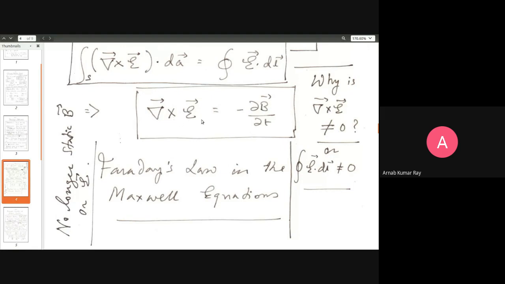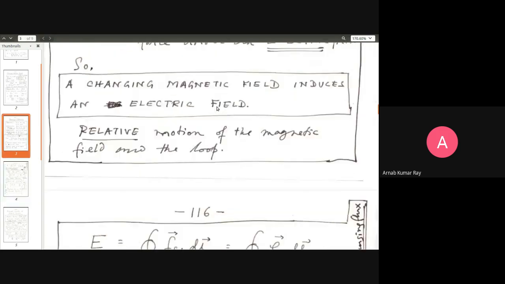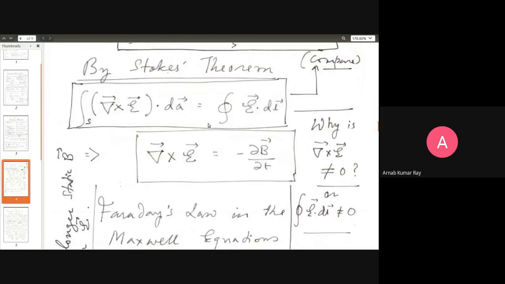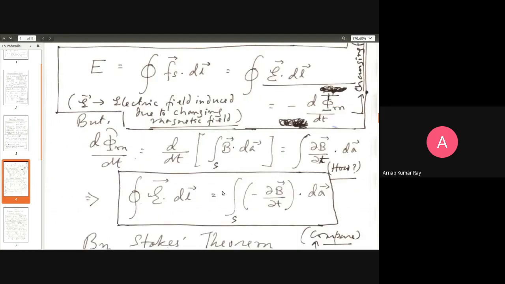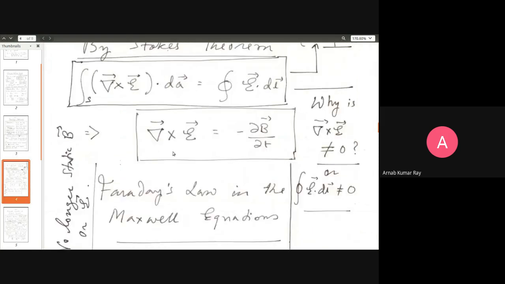Curl of E is equal to minus del del T of B is a mathematical formula, but it is telling you something. What is it telling you? In plain English, it is telling you that a changing magnetic field induces an electric field. And this is the same statement in mathematical language: curl of E is equal to minus del del T of B. Just like you can express the same idea in English, Hindi, or Gujarati, you have expressed this idea in the language of mathematics.